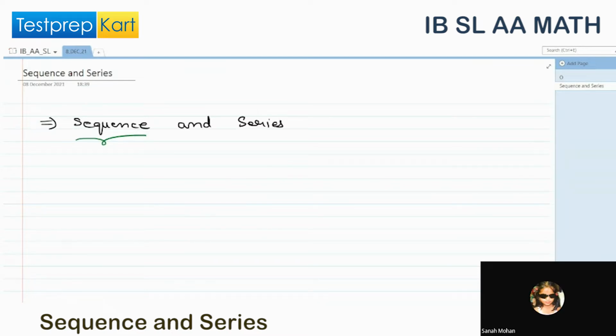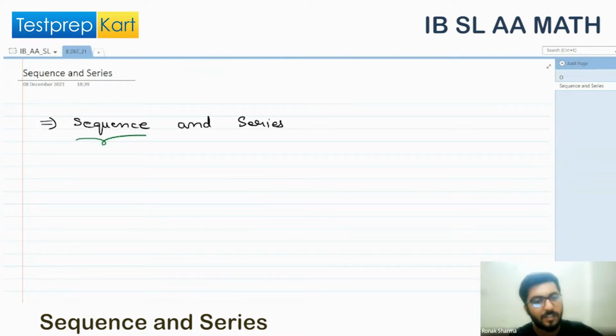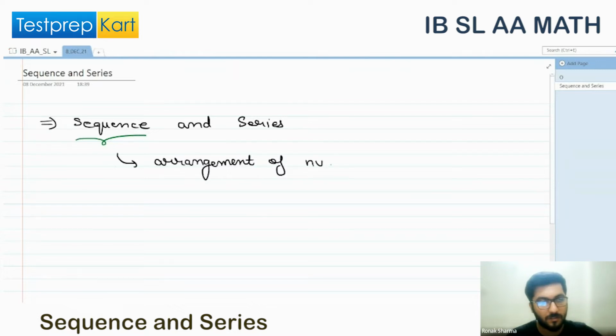It's like a list of numbers, we can say an arrangement of numbers. Yeah. Okay, so sequence is defined as what? It is basically an arrangement of numbers, but it should have a very important property: this arrangement should be written in a defined order.